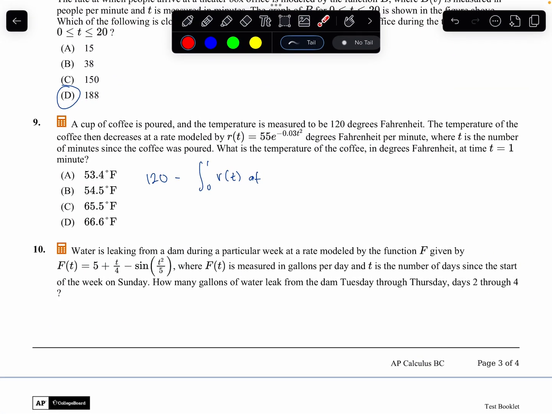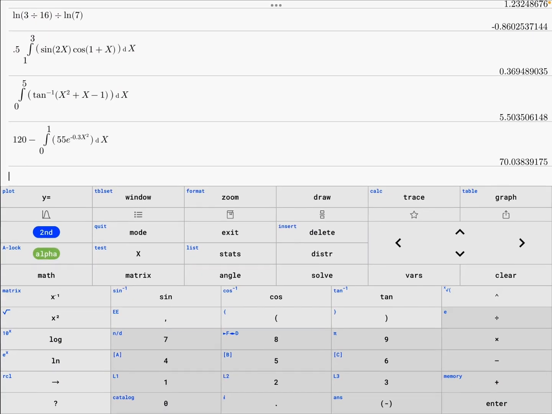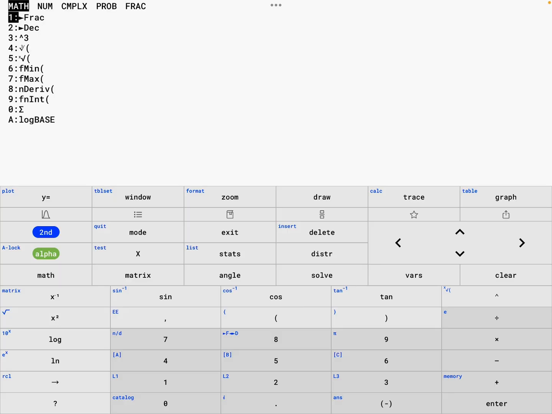Something that's not there. This is not my night, guys. What in the world? I am doing so bad on my record tonight. That shouldn't matter. Integral math, number 9.